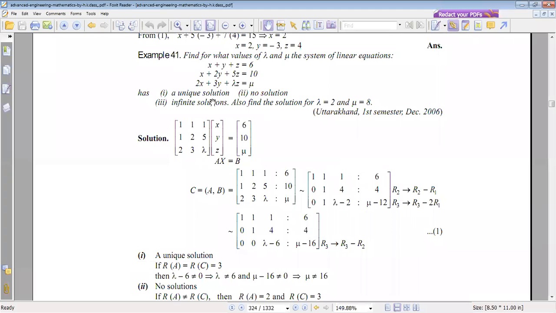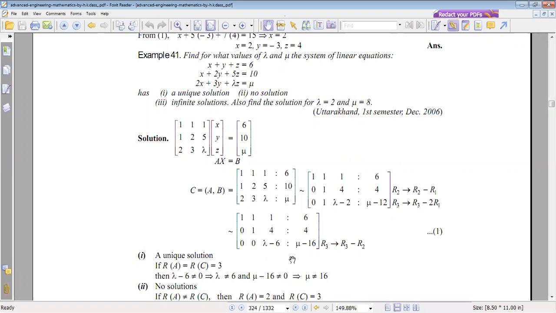So what is the total number of unknowns? There are 3 unknowns, x, y, and z. So if the rank of A is equal to the rank of the augmented matrix is equal to 3, then it has a unique solution.